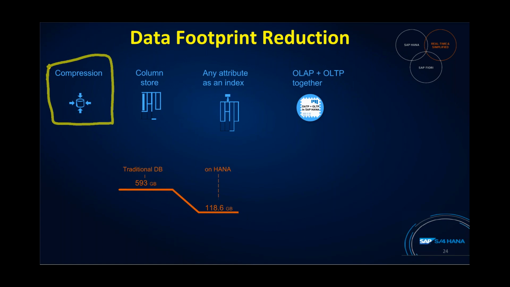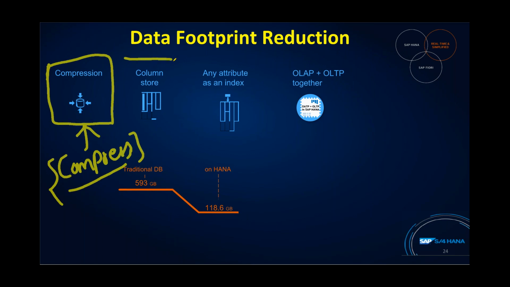That is the native technology of HANA databases, that it compresses the data. It has some batch jobs which run when it receives the data, and it compresses the data. That is the native capability of the HANA database.